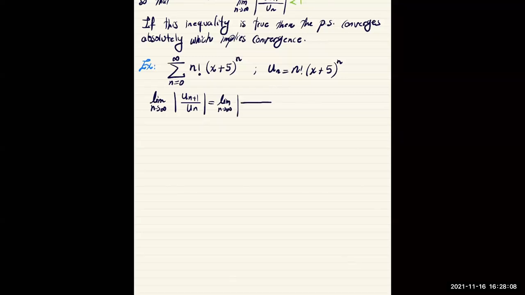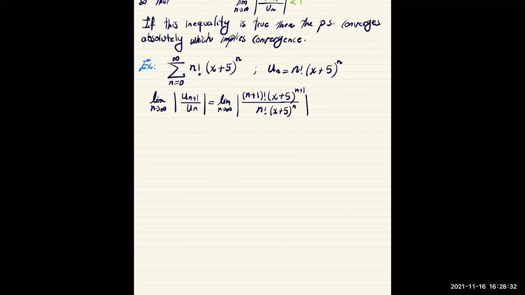Right, so we get (n plus 1) factorial times (x plus 5) to the n plus 1. That's our u sub n plus 1, and then divide by u sub n, which is n factorial times (x plus 5) to the n.